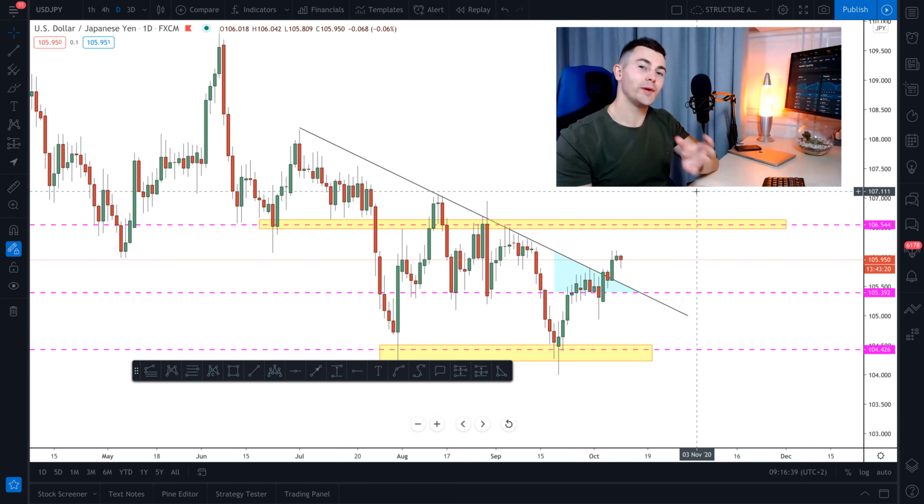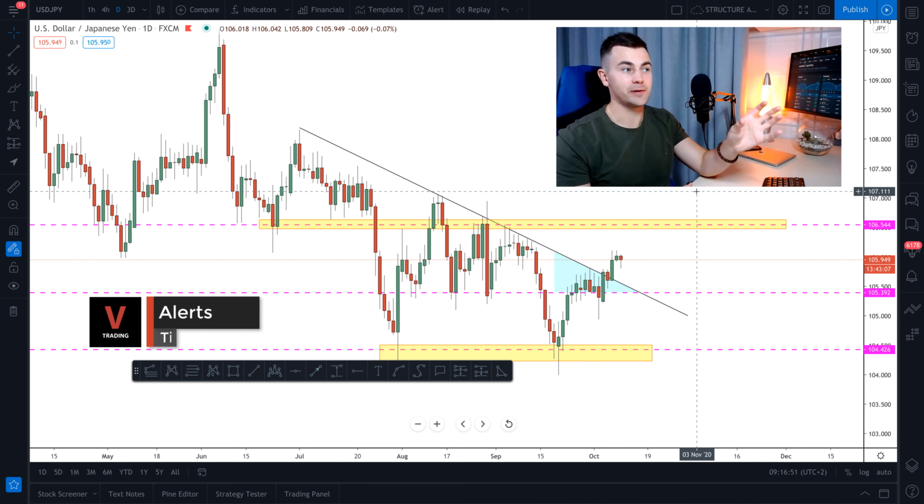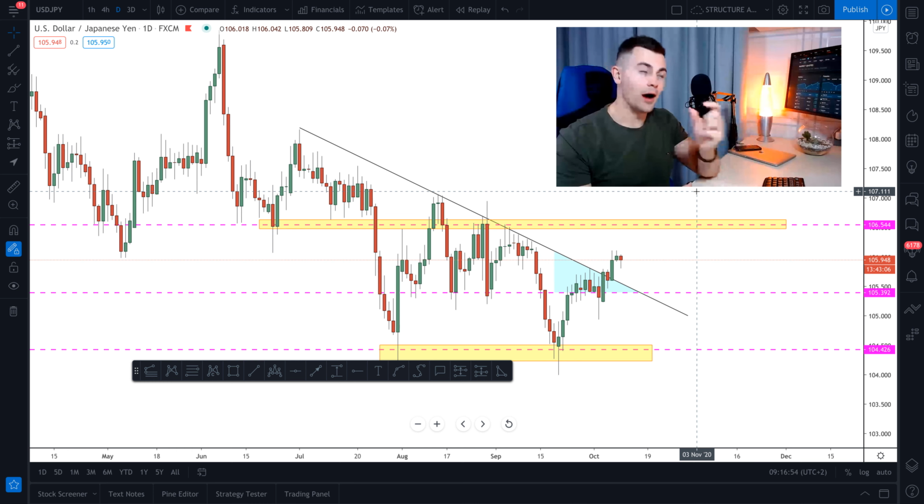Once we have different layouts, it is very important to know how to manage them, and here alerts help a lot. So how do we apply the alerts? Let's take the dollar-yen pair. I took this pair for example because it is not trading on a key level.